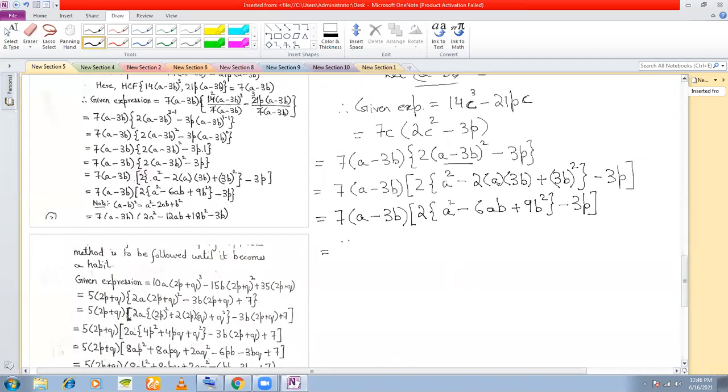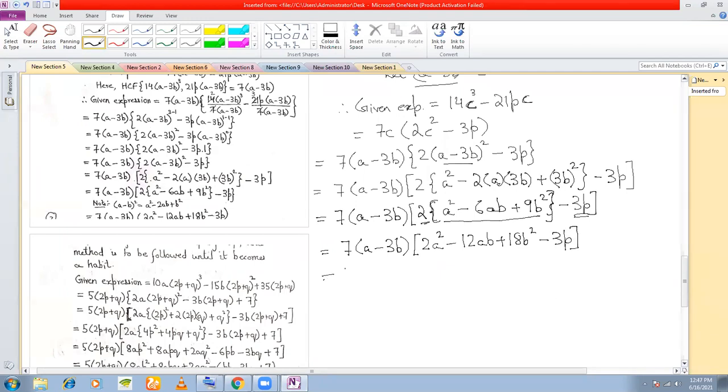So this is 7 times (a minus 3b), and you multiply this throughout with 2. So you have 2a square minus 12ab plus 18b square. And mind you that this 2 is only multiplied by these 3 terms, not by this, because I have this bracket here. So be very mindful of the brackets. Minus 3p.